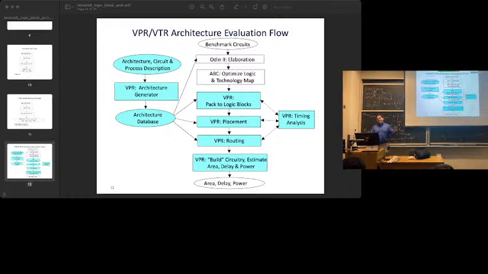It gives back information to the optimizers about which paths are long and how long they are compared to other ones, and the optimizers now focus extra effort on those. So the placement engine would try extra hard to put those close together, even if it pulls some other stuff apart. That's very important for FPGA architecture evaluation, that those phases are timing driven, because they have such a strong impact on the speed of your design.